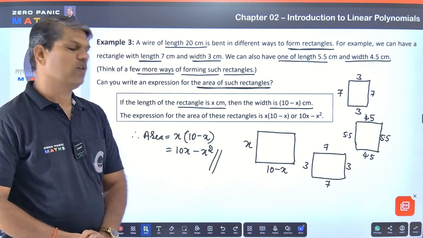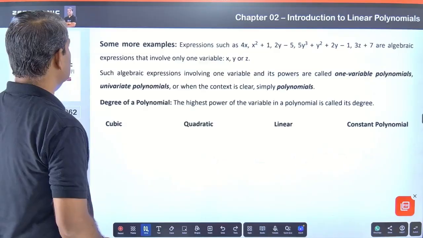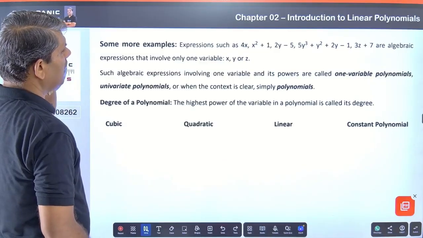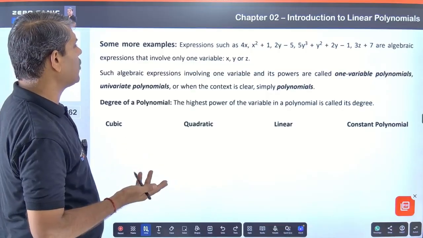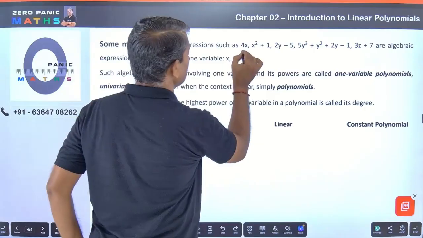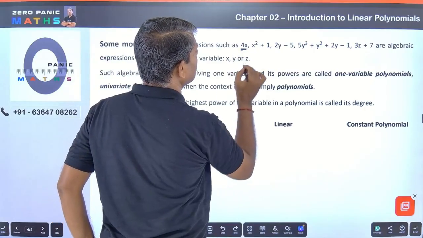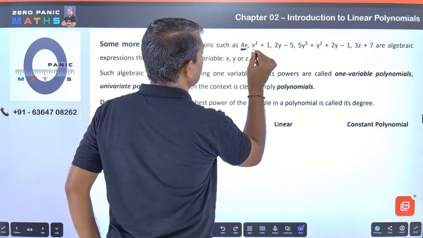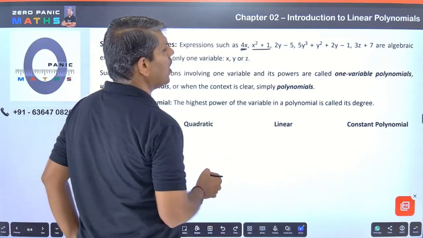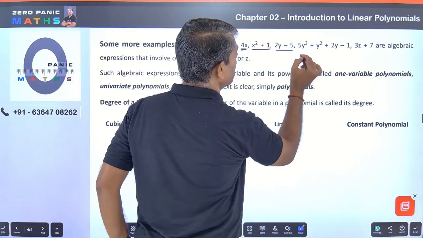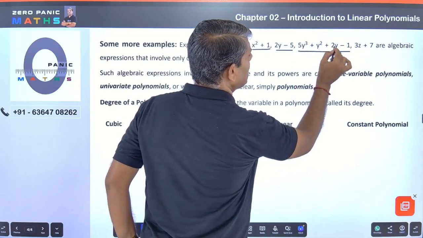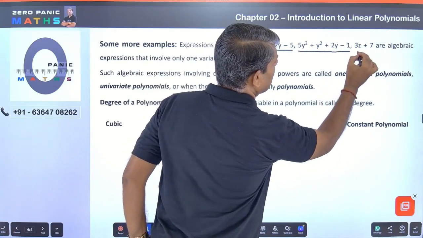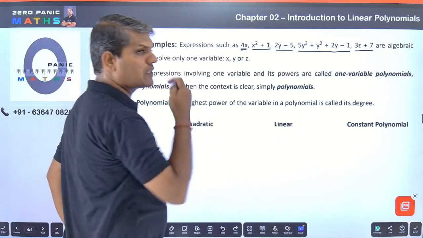Understood this? Okay. Now let us see some more examples that represent the algebraic expression, which we can call a polynomial. You can see 4x is also one of the algebraic expressions in one variable. x square plus 1 is one more example. 2y minus 5, 5y cube plus y square plus 2y minus 1 is another expression, and 3z plus 7.